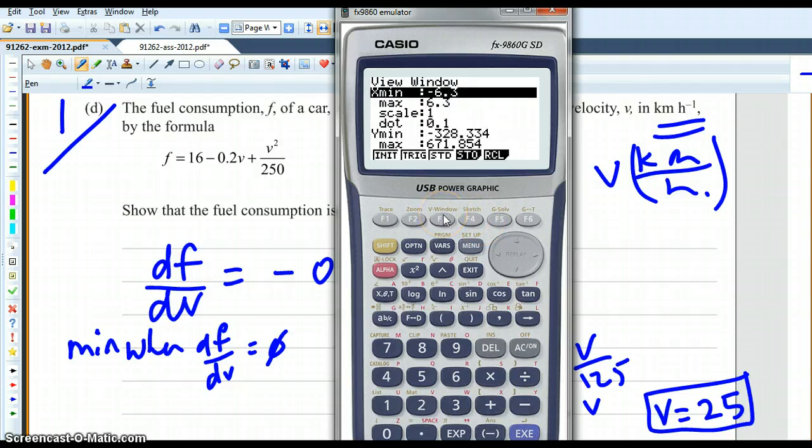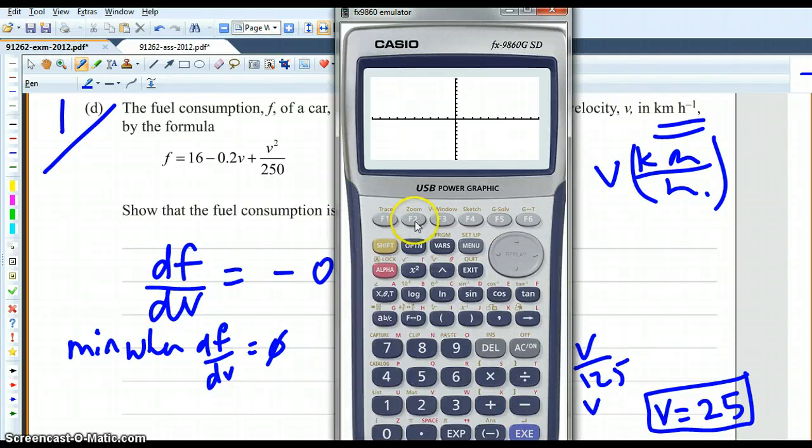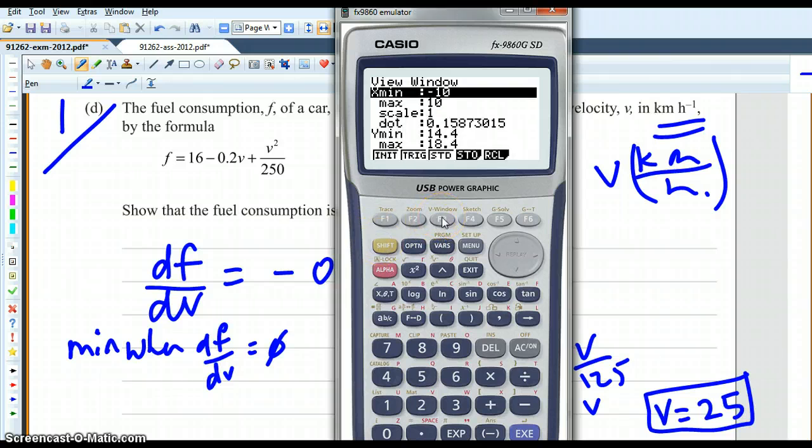Let me see, view window, I'm just going to go standard for a minute. What happens there? Nothing, I bet. Zoom, auto. That's maybe better, maybe not. It's not really showing me what I want, so I'm just going to zoom out. There. Shift, view window. If you don't like it, you really have to do it yourself, don't you?